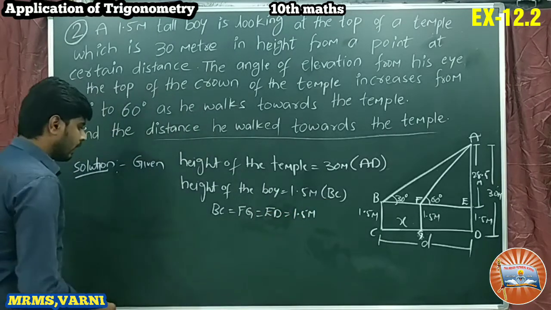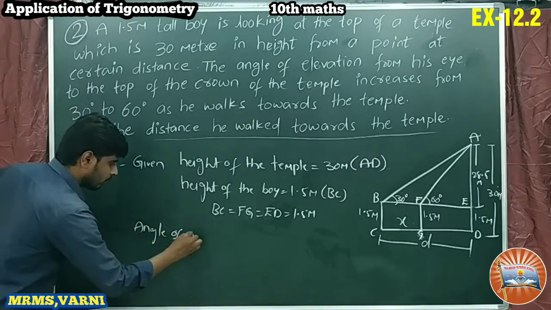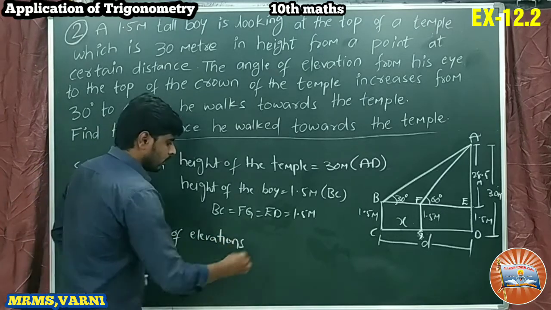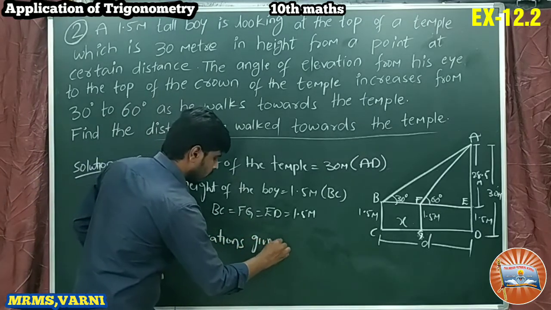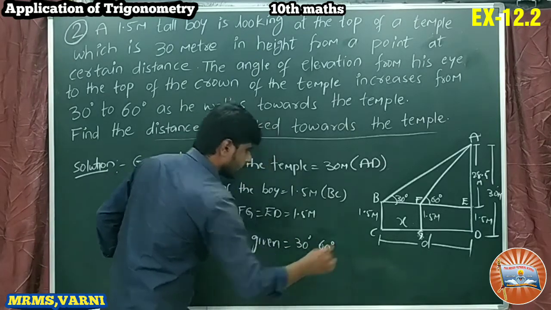Given angles of elevation are 30 degrees and 60 degrees.